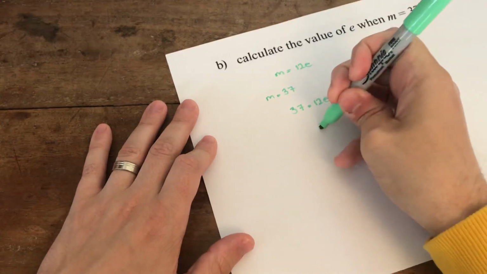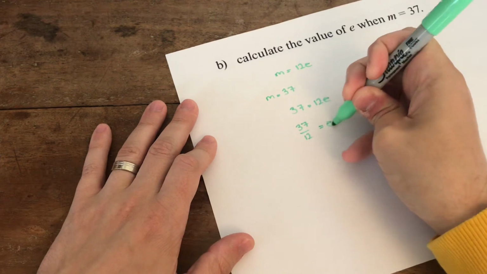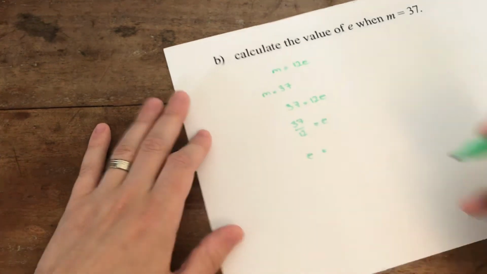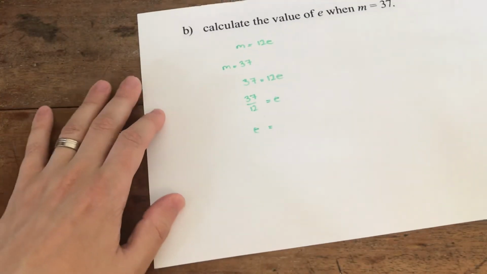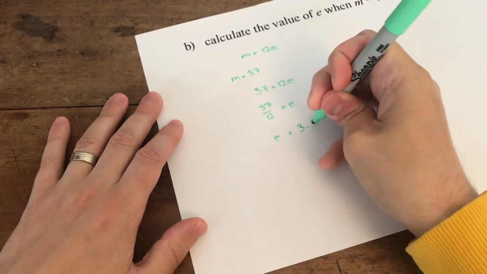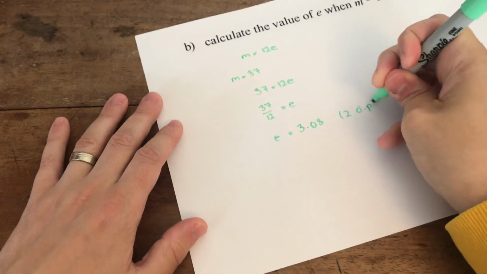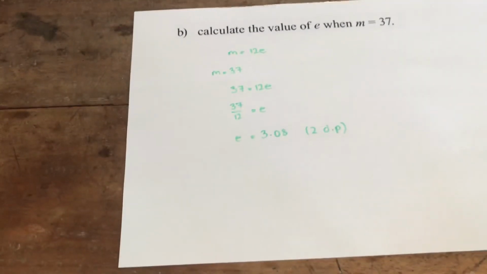To work out e, I just divide by 12, so I do 37 divided by 12. What comes out is 3.08 to 2 decimal places. And that's all I have to do.